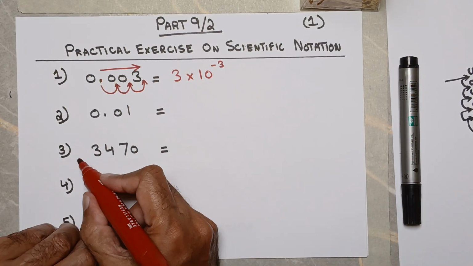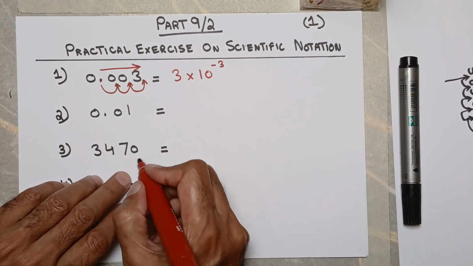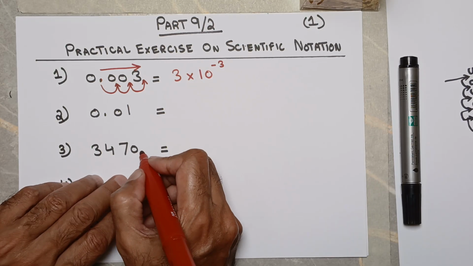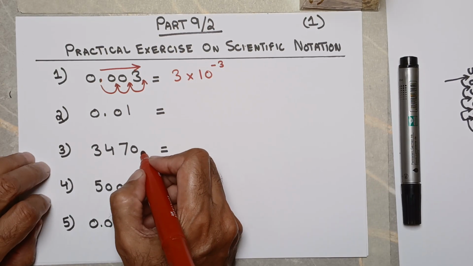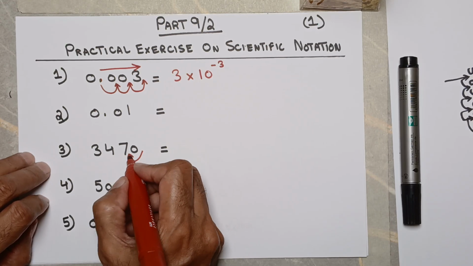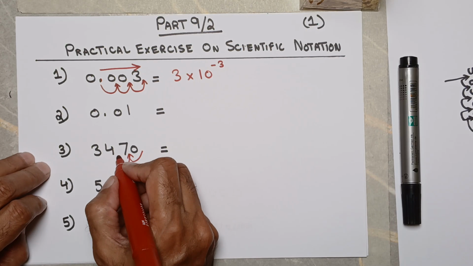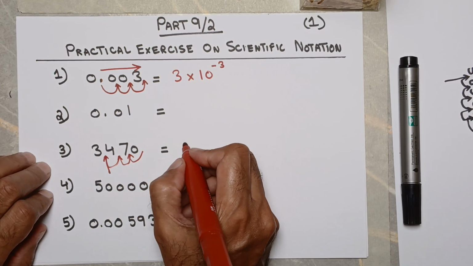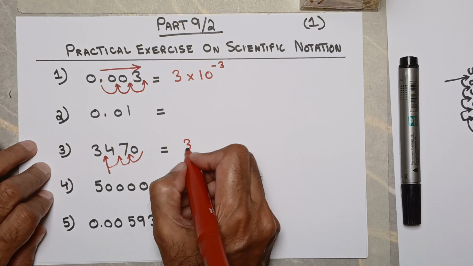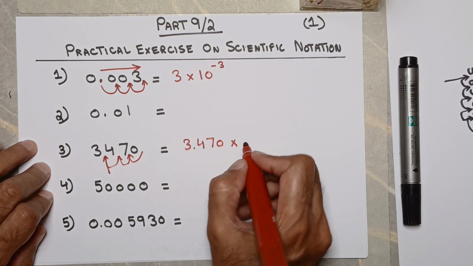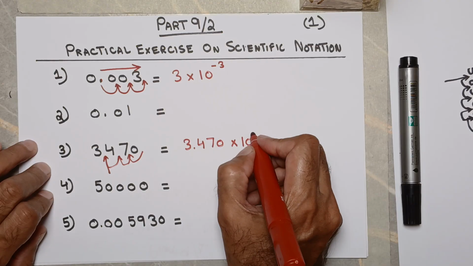Here we have question number 3, 3470. Now it is a positive whole number. The decimal lies over here, and from here I am going to move this decimal to the left: first part, second part, and the last, that is 3. So now I am going to write this as 3.470 multiplied by 10 raised to the power 3.